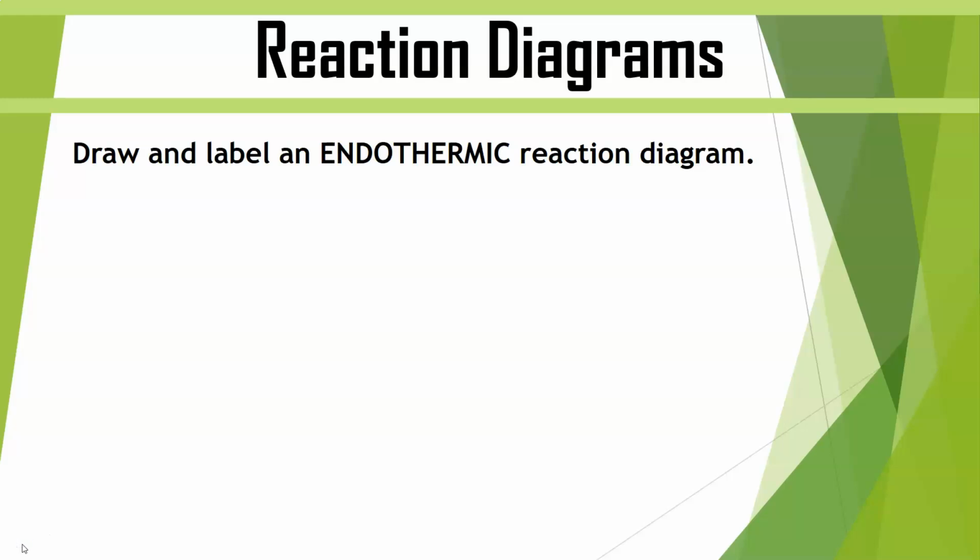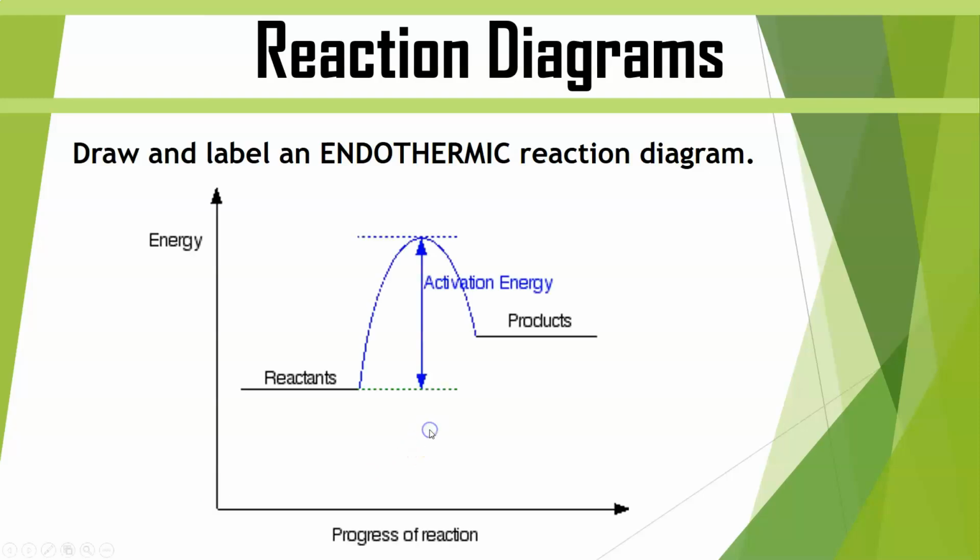If we want to draw an endothermic reaction diagram, it's going to look incredibly similar. We start with reactants, we have some kind of little activation energy peak, and we end with products. The big difference here is that in an endothermic reaction, we've absorbed energy by the time the process is finished. So the products should end higher than the reactants, like this.